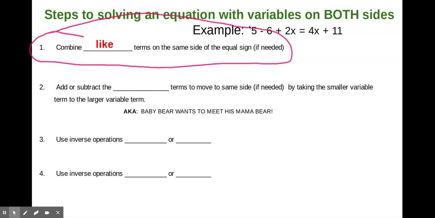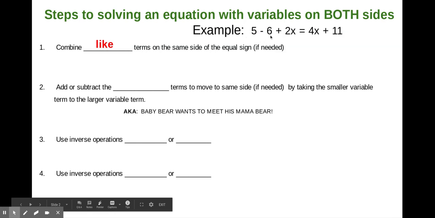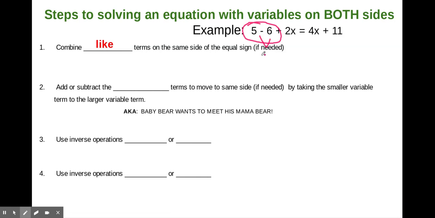So if you take a look at this example that I have here, on the left side of my equal sign, I have 5 minus 6 plus 2x. I'm allowed to combine this 5 minus 6, okay? And when I do that, I get a -1 plus I bring down that 2x.